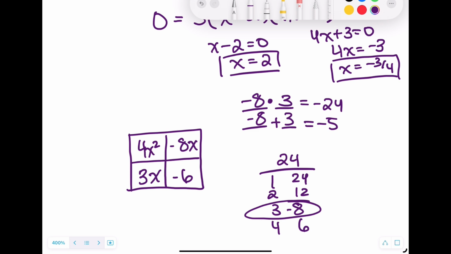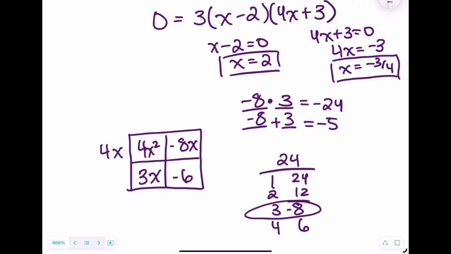Okay, so across the top row, we have 4x, and on the bottom row, we have positive 3, which is common. In the column on the left, we have x, and in the column on the right, we have negative 2. So the factors do match up very well to the butterfly method.